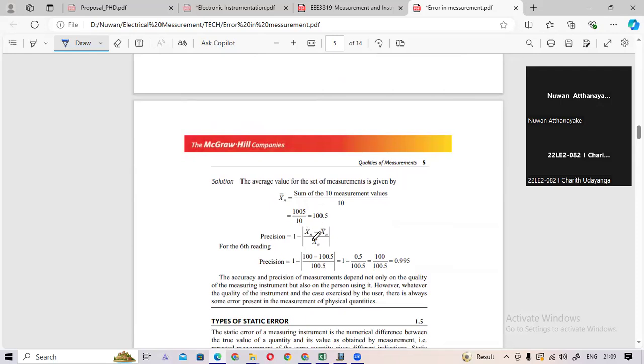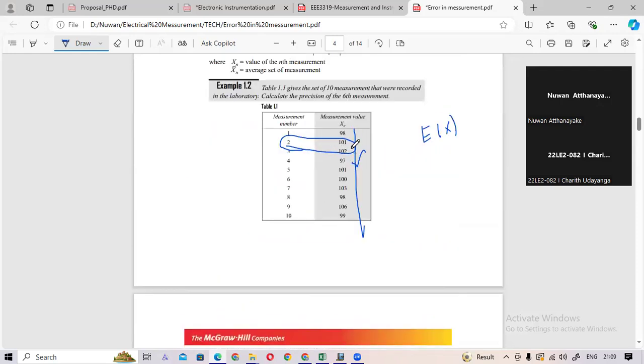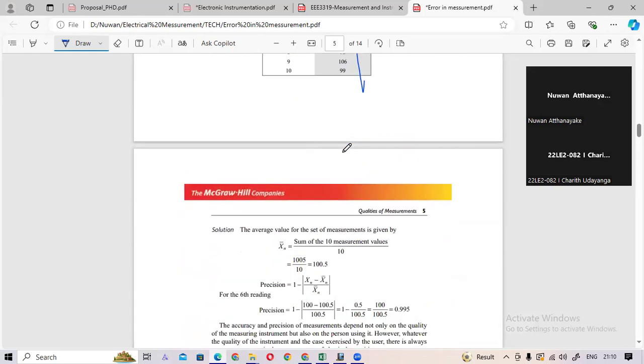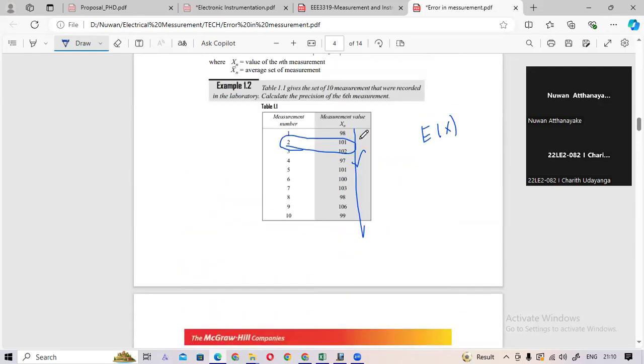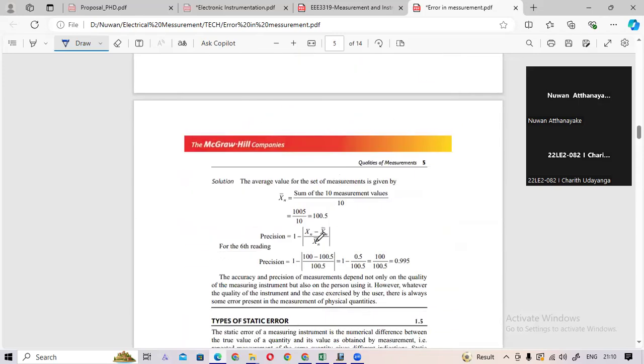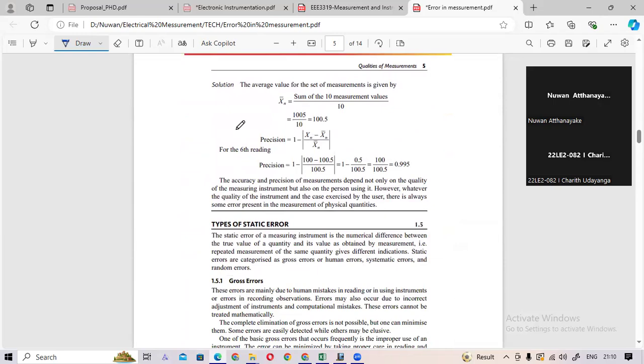And you can calculate the absolute error related to this one, and also you can calculate the accuracy, relative accuracy, percentage error, anything. So precision is also defined here.